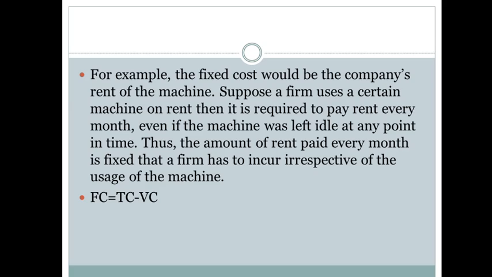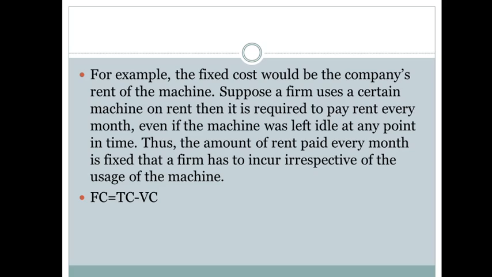For example, the fixed cost would be the company's rent of the machinery. The rent will not change if we are taking the machinery on rent, whether I am producing 5 units or 5,000 units on that machine.